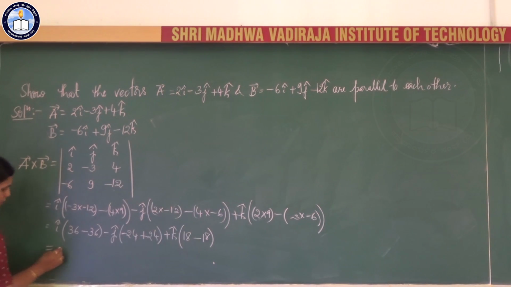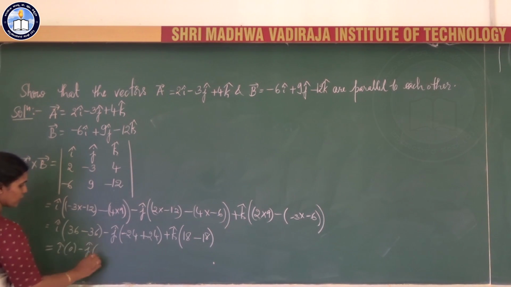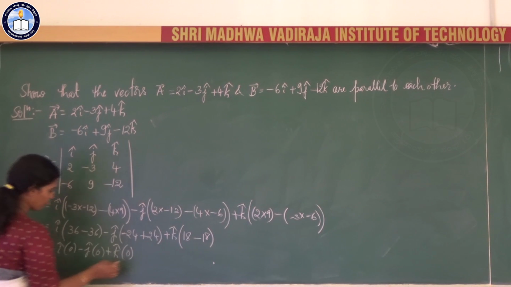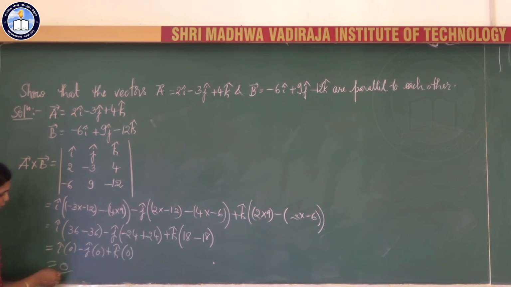So this is i cap into 0 minus j cap into 0 plus k cap into 0. So this is a null vector or a zero vector. The magnitude of it is equal to 0. So when the magnitude of A vector cross B vector is equal to 0, we conclude that the two vectors are parallel to each other. That is, angle between them is 0 degree.